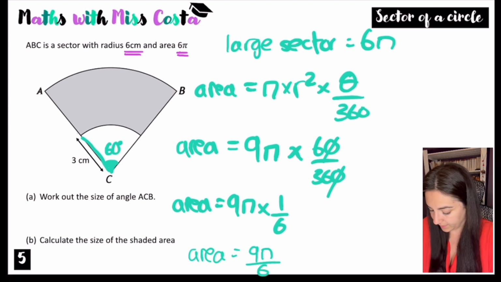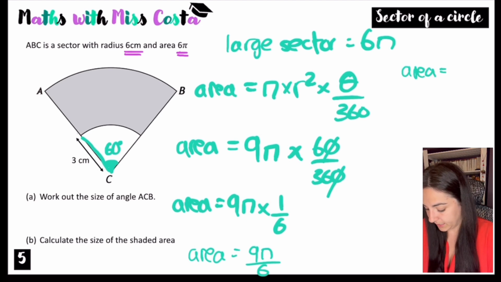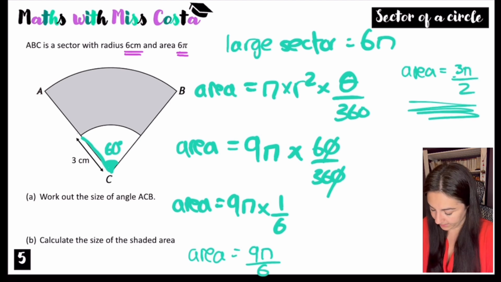You could simplify that if you wanted to. Divide both by 3: 3 pi over 2. And there's your area of the smaller sector. So this part here has an area of 1.5 pi.